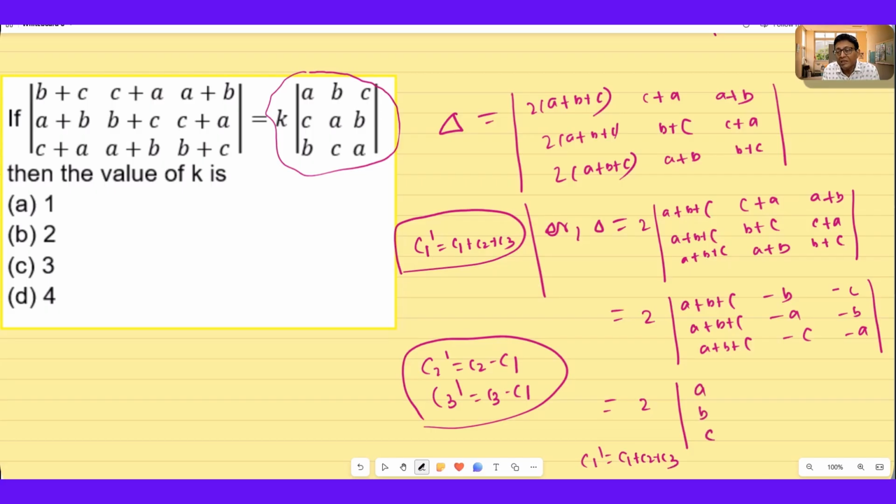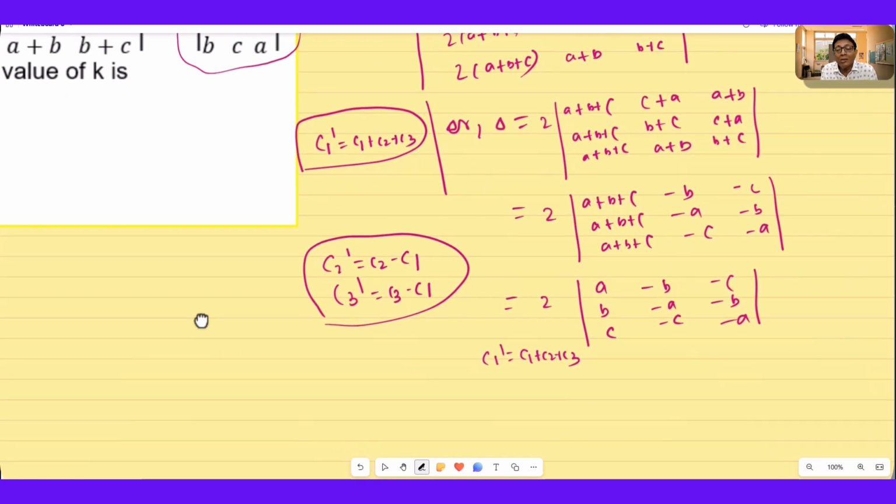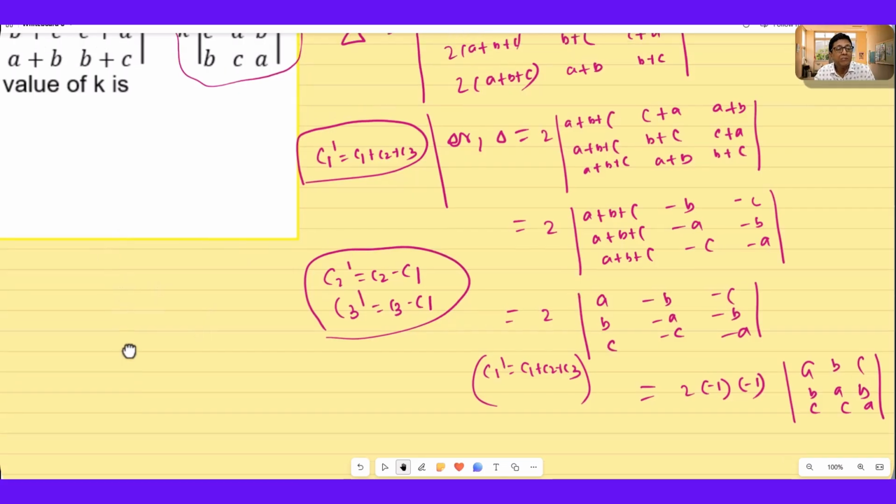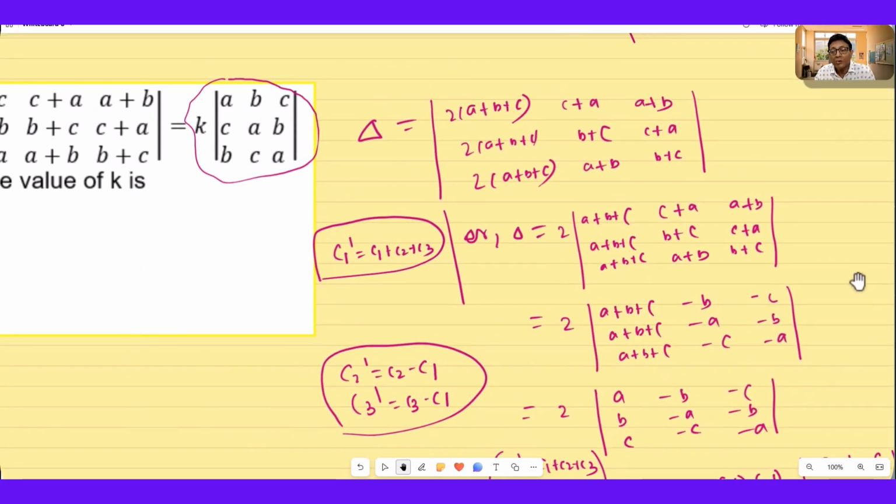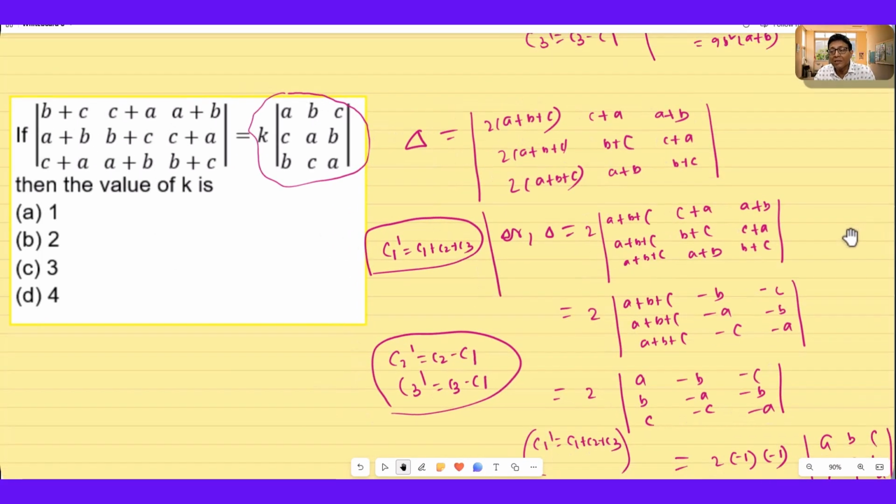This is A, B, C. Okay, then you take minus 1 common from each of the two columns. 2, minus 1, minus 1, A, B, C, B, A, C, C, B, A. This is the sum.